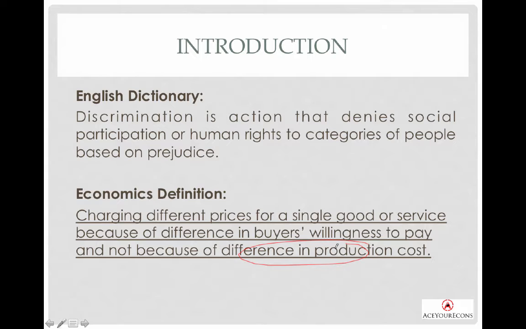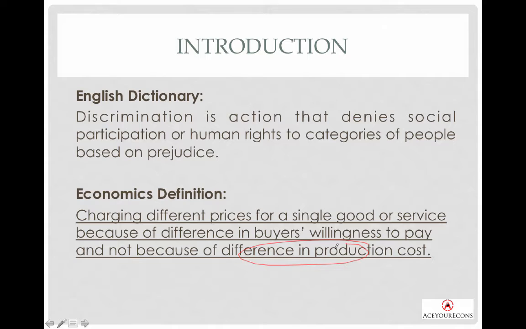A very good example of what is not a PD is where your electric company like PUB charges a higher price for peak consumption timing. Meaning to say there are certain peak hours, between 7 p.m. to 10 p.m., where they charge a higher price for usage of electricity, and this is not PD.